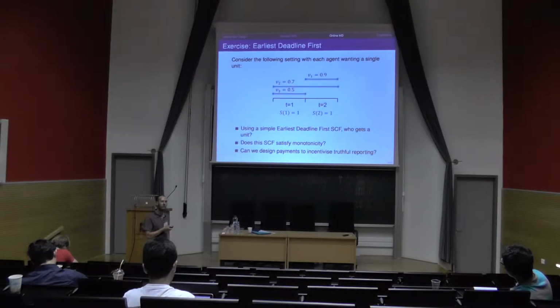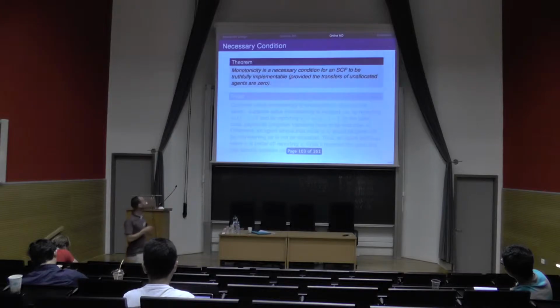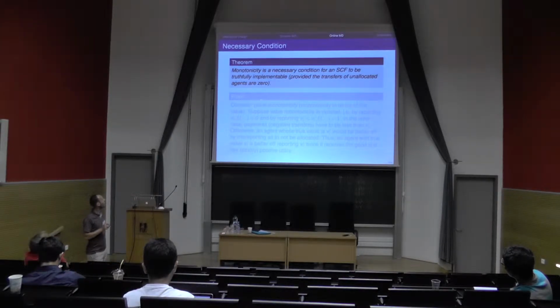This brings us to a theorem, whose proof I won't go into, but it's not actually that difficult: monotonicity is a necessary condition for any social choice function to be truthfully implemented. Necessary means that we need this condition, and we may need additional conditions as well. But if this condition is violated, we cannot get truthfulness for sure, at least in the general case.